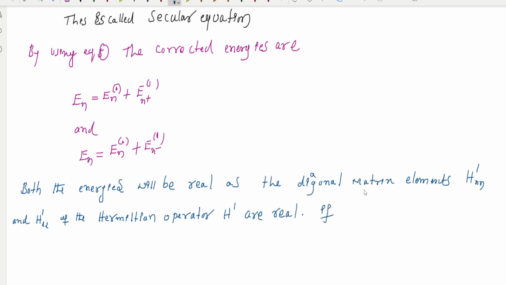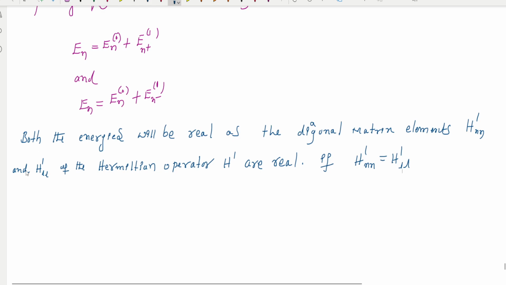By using this, we can write H'nn equal to H'll, and H'nl equal to 0.